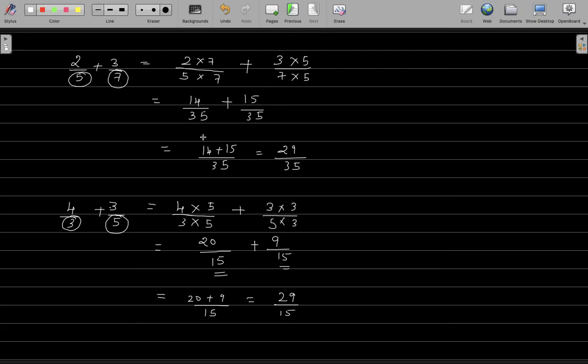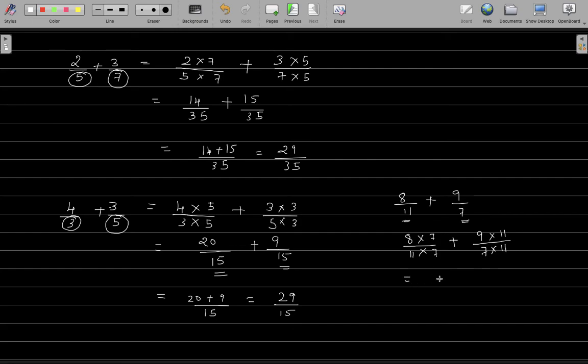Suppose I have another question, like say 8 by 11 plus say something like 9 by 7. How am I going to do this now? I have 8 by 11, multiply both numerator and denominator with the denominator of the second fraction, which is 7. And I'll take 9 by 7, multiply both numerator and denominator with the denominator of the first fraction, which is 11 by 11.